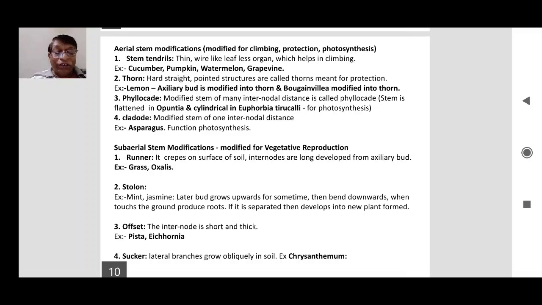If it is cut, it leads an independent life. That is, vegetative propagation takes place. So that's all about stem modification. Okay, thank you.